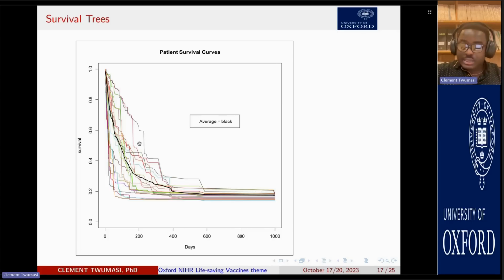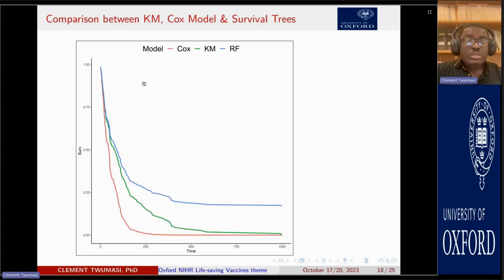Next, this compares the classical Cox proportional regression, the KM, which is the Kaplan-Meier curve in green, and the random forest or survival tree, which is the average. With that method, we were able to achieve a higher probability of survival, based on what you're seeing.